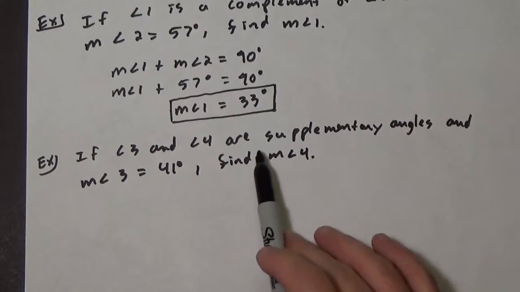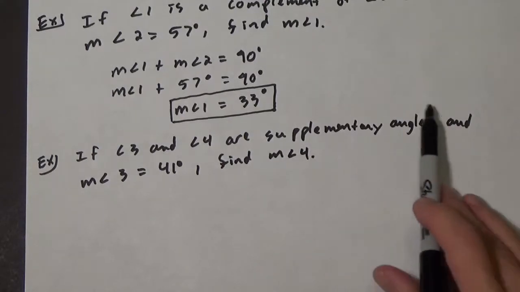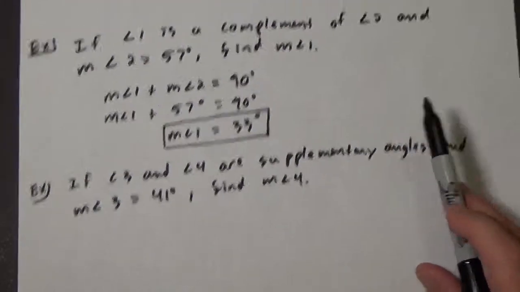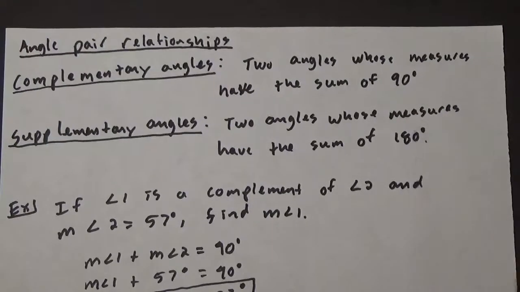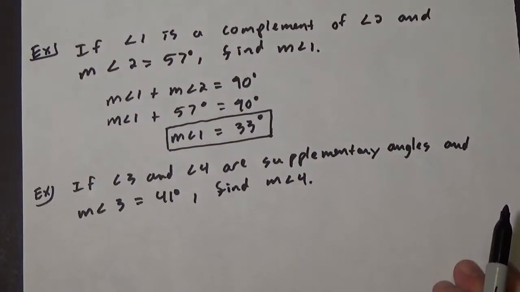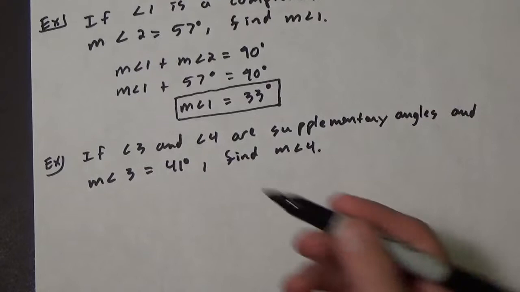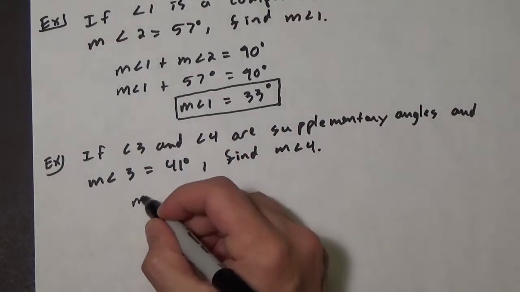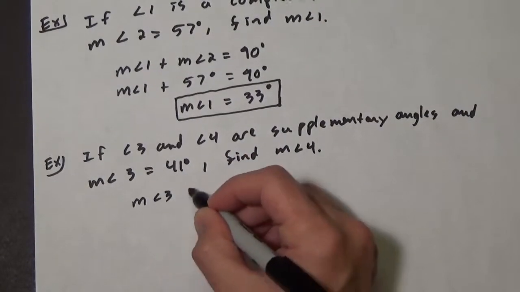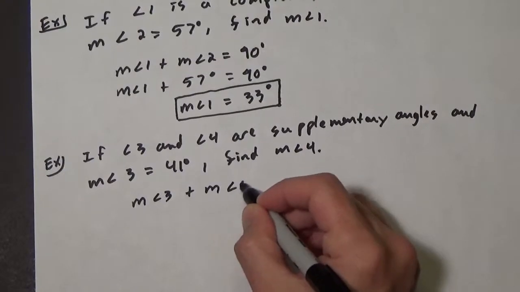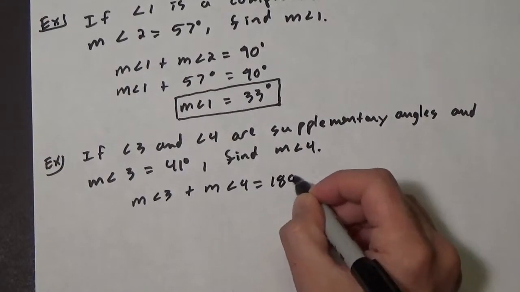So again, the whole point of this problem is you have to understand what supplementary angles mean. And supplementary angles are two angles whose measures add up to 180 degrees. So let's write that out. The measure of angle 3 plus the measure of angle 4 equals 180 degrees.